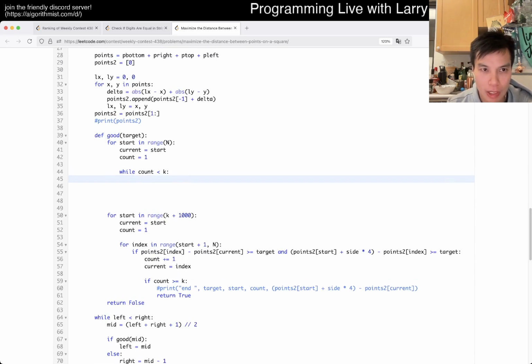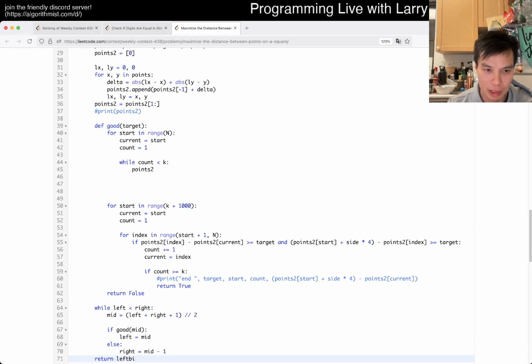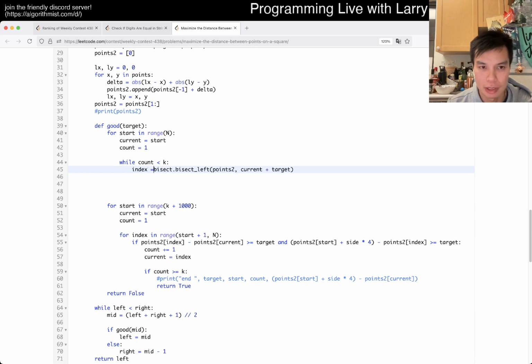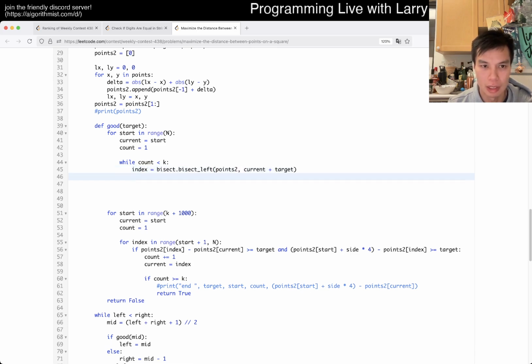We go, okay, so then we want to binary search points to, oops, how did that get over bottom? Of the current plus target. So new index is equal to here, and then current is just equal to index, count increment by 1.